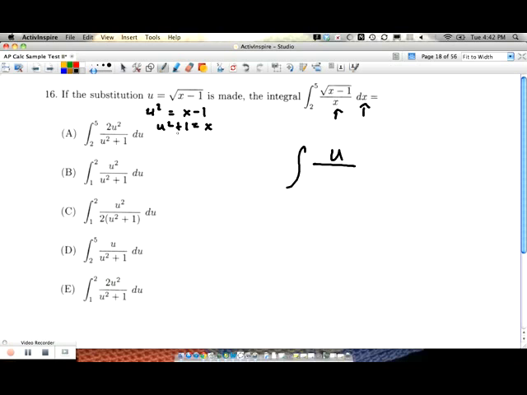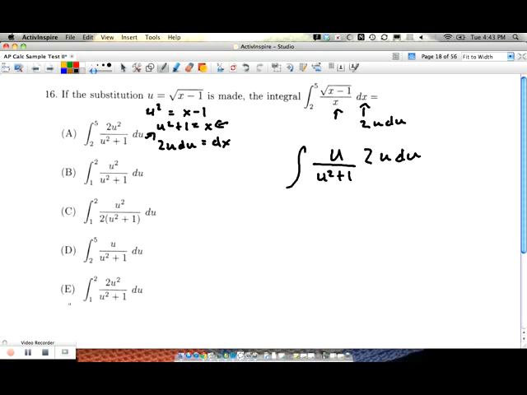If I take both sides the derivative of that, that means that 2u du equals dx. So this dx right here is 2u du. So I'm going to have a 2u du there. And x in the bottom is equal to u squared plus 1.